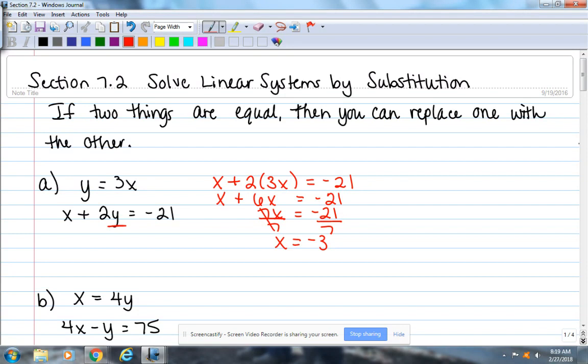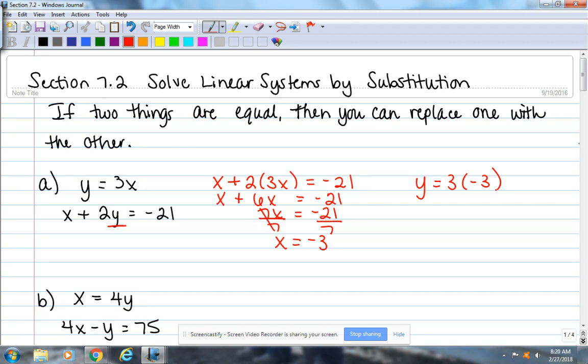So I've got just a number for x, and so now I have to get just a number for y. How do you think we can do that? Yeah, it says y equals 3 times x, right? And since I know what x is now, I can substitute there. So y equals 3 times negative 3.